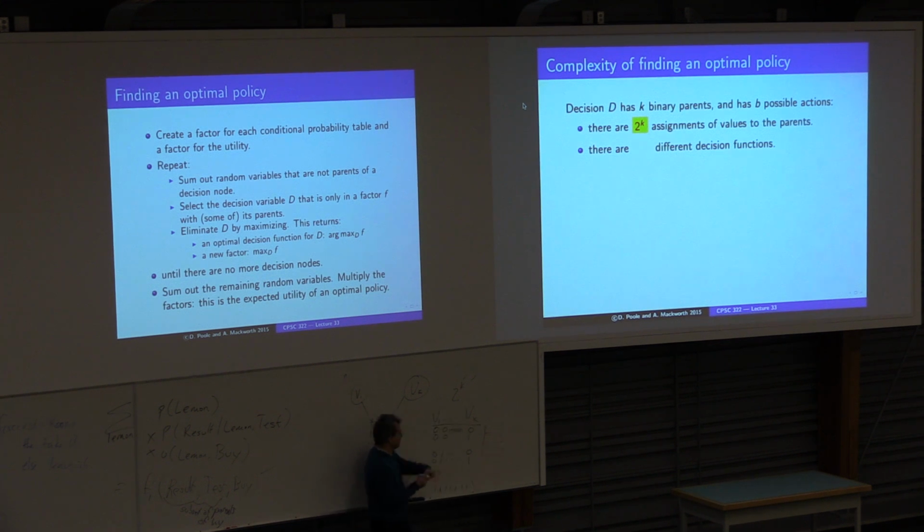We've got to give a value for this parent, and a value for this parent, all the way down to here. So how many of those are there? How many ways are there to fill in this?